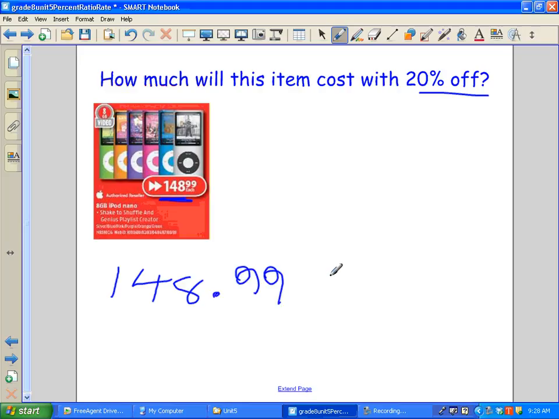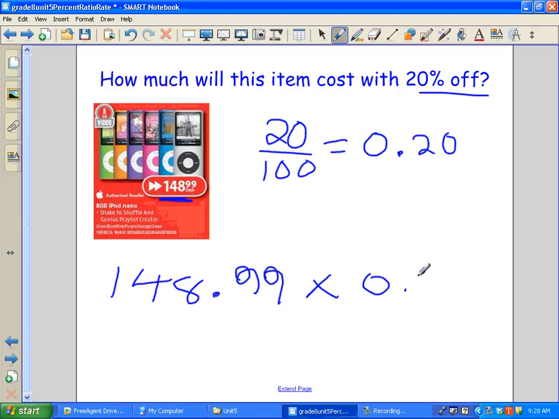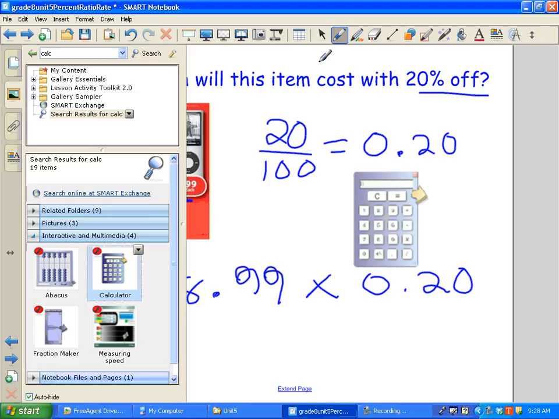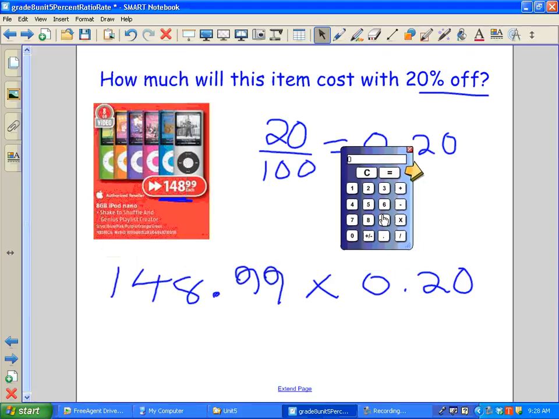So if we got $148.99, and I want to times it by 20%, well, remember 20% is going to be 20 over 100, because that's what percent means, out of 100. As a decimal, that will be 0.20. So we're going to times that by 0.20. So let's take the old trusty calculator, and we'll multiply $148.99 times 20%, which is 0.20.